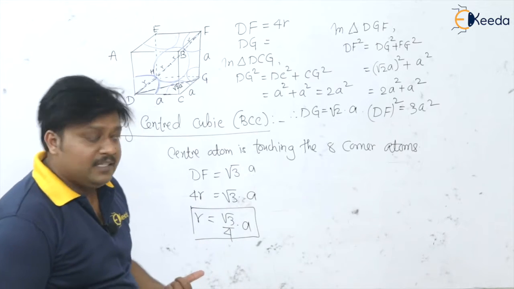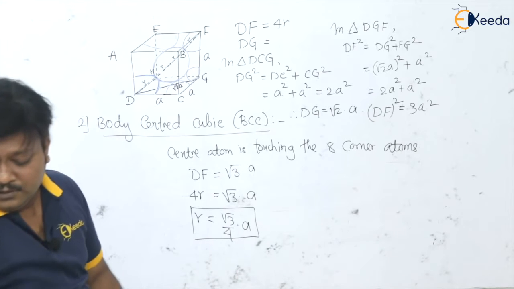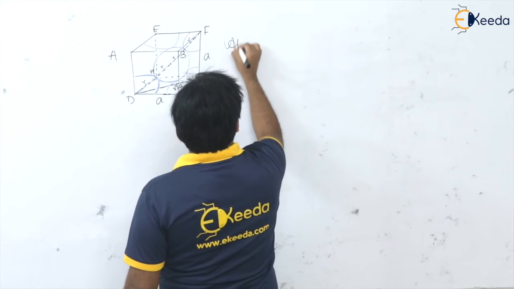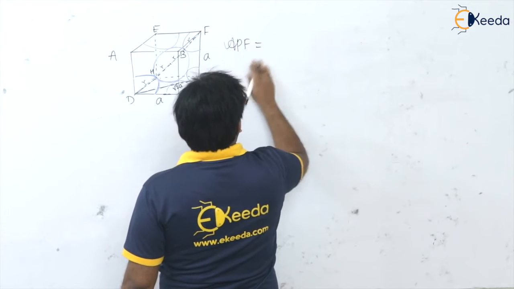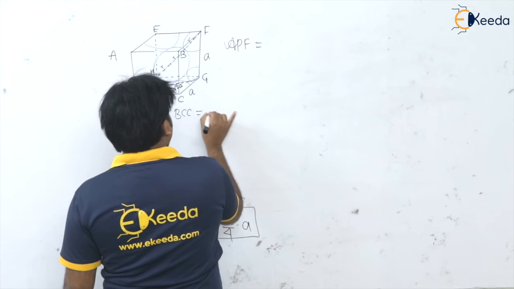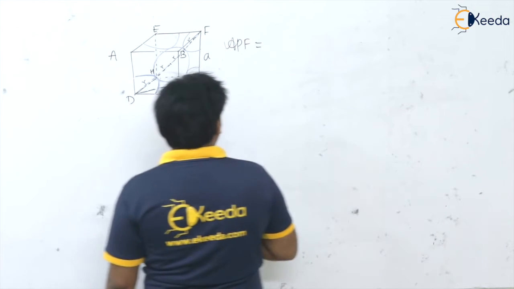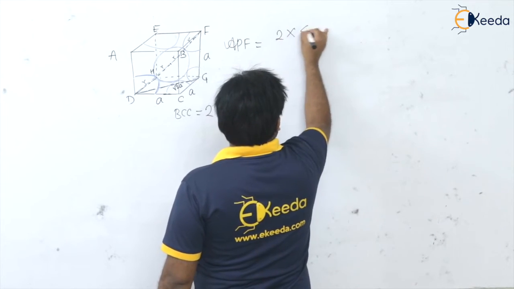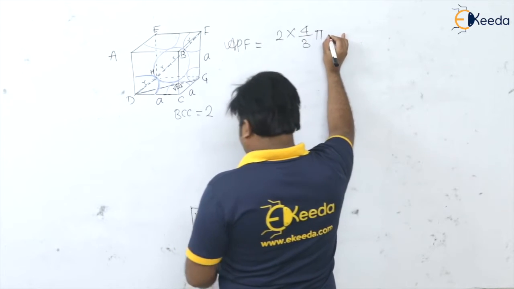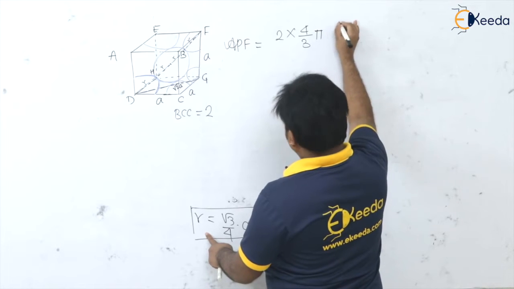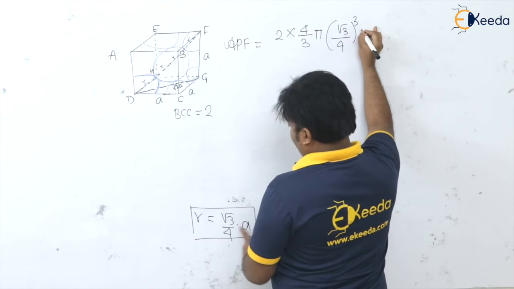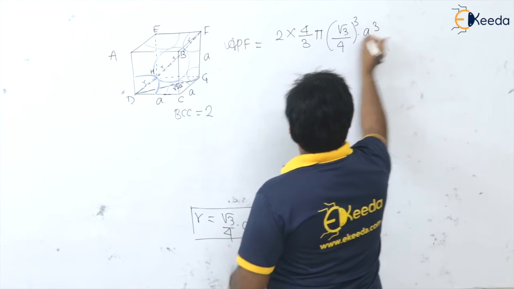Now once you get this relation between R and A, it is very easy to calculate. How will you find the atomic packing factor? Let us calculate. The atomic packing factor is equal to average number of atoms. How many are there for BCC? For BCC, the average number of atoms per unit cell is 2. That is 2 into 4 upon 3 pi R cube. R is root 3 by 4 whole cube into A cube, isn't it?